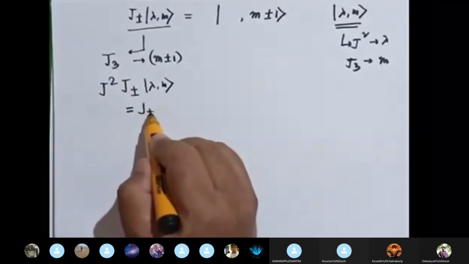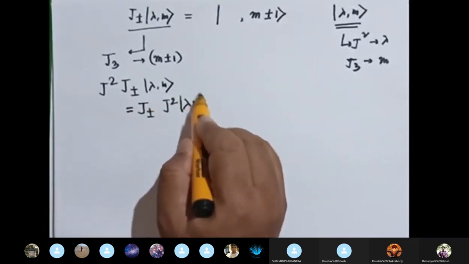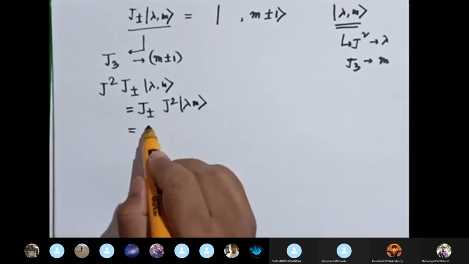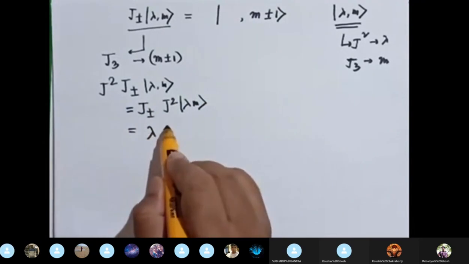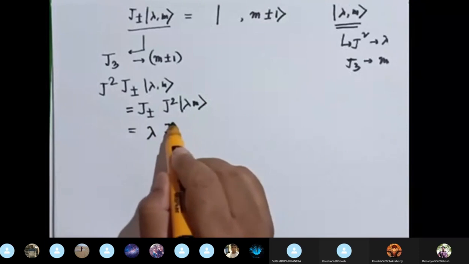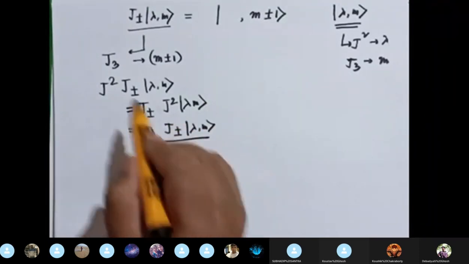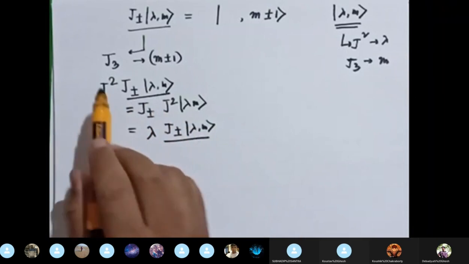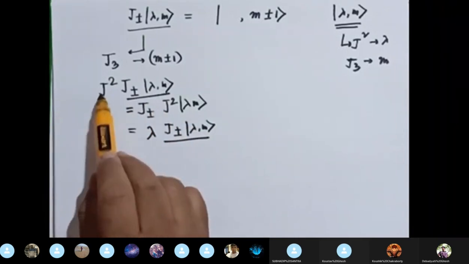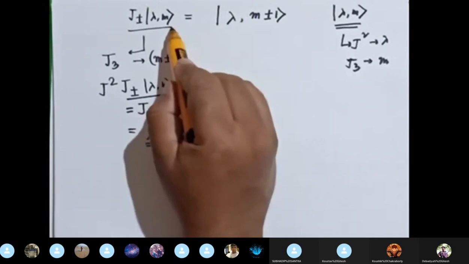So J square on J plus minus lambda m gives the same eigenvalue lambda, so I write lambda here. Okay.